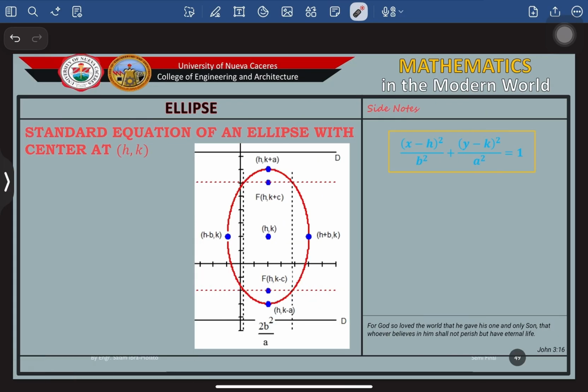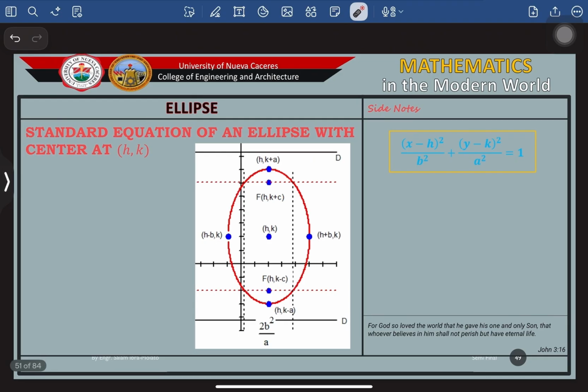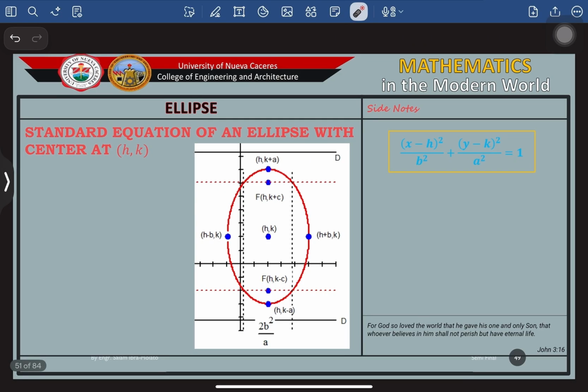Then another standard equation where the major axis is parallel to the y-axis. So here, A is under the variable y. The center of the ellipse here for the specific figure is not at the origin, so you have h, k.